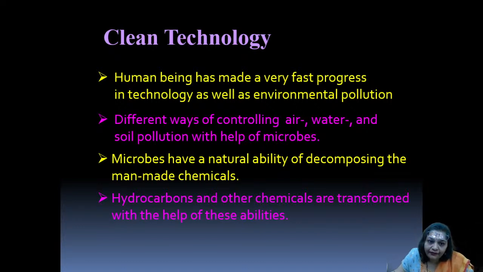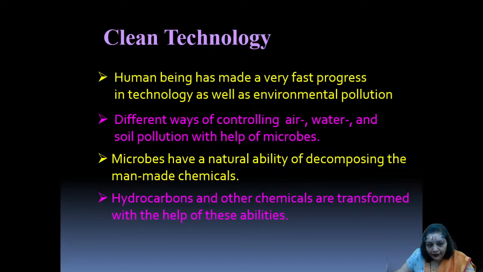You all know now that human beings have made a very fast progress in technology, right? And not only in technology but also in environmental pollution. Am I right? Now, we need nowadays to reduce this pollution, take control and keep control of the pollution and keep our environment clean, right?